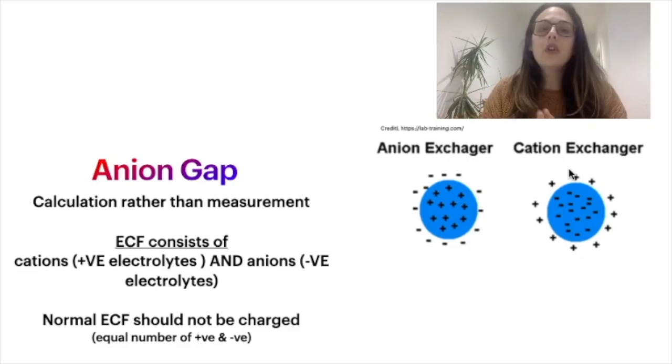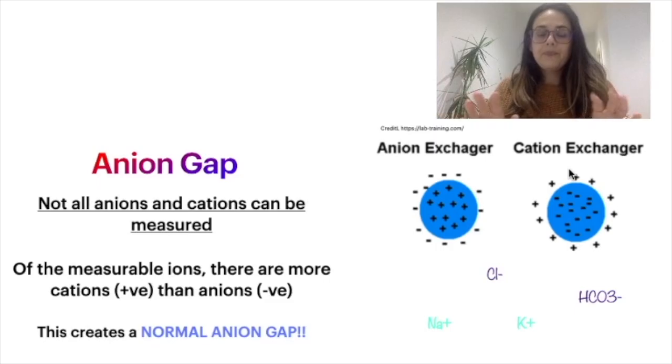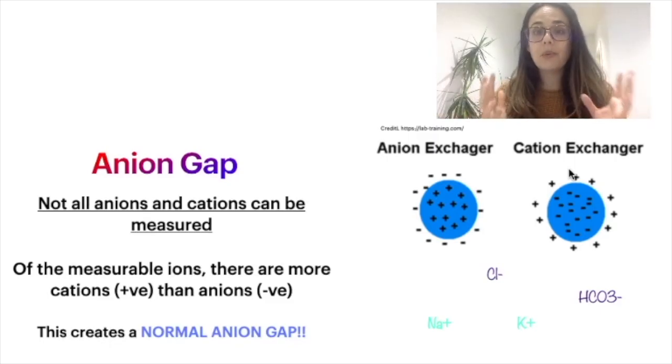Now, normal extracellular fluid, so all that fluid outside the cells, including in the blood, should not be charged, meaning there should be an equal number of anions to cations. That's just the way it should be when the pet's well. However, it gets tricky because not all anions and cations can actually be measured. There's lots of them, and we simply can't measure them all.